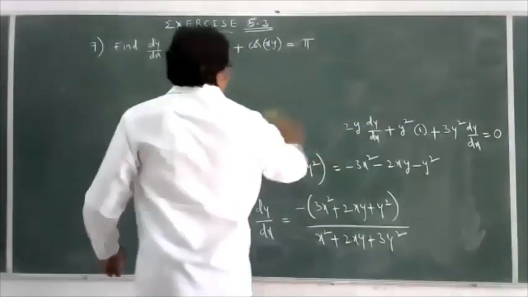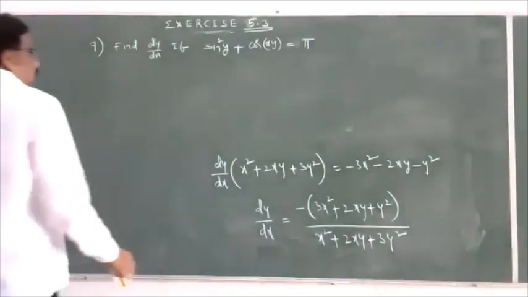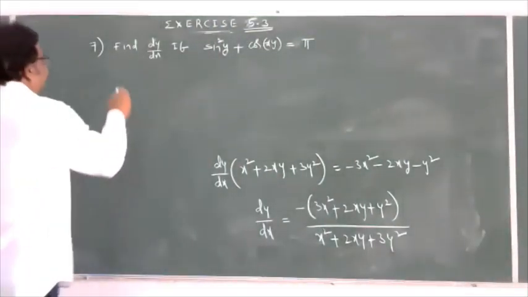So this is the given implicit function. So write the solution.